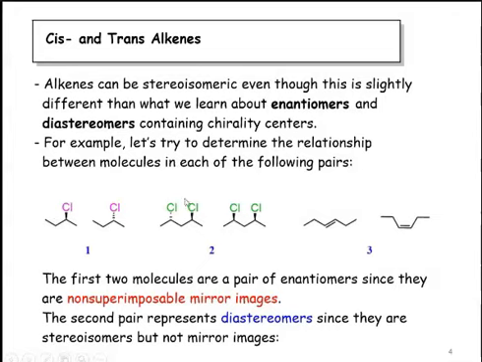Now let us see these 2 structures. Here what is observed? Here, the first chlorine atom is attached to this carbon atom in such a way that the chlorine lies away from the observer, whereas here the structure shows that chlorine is placed towards the observer.